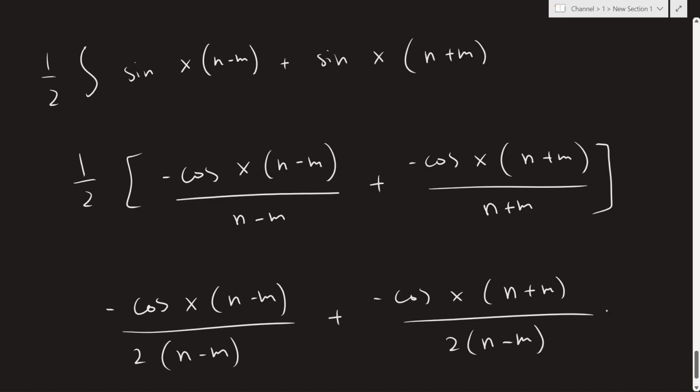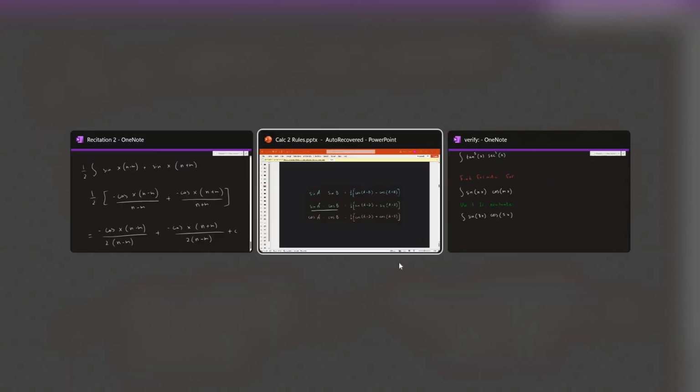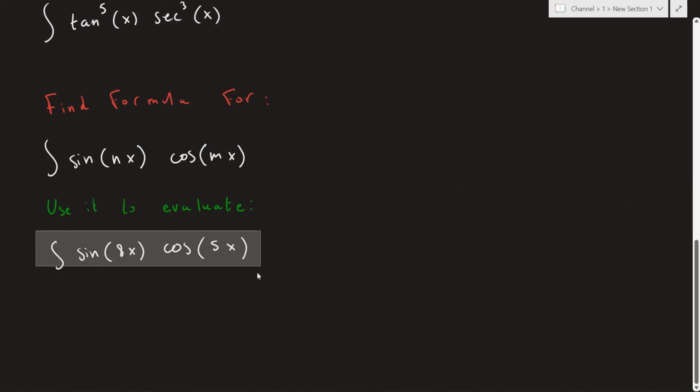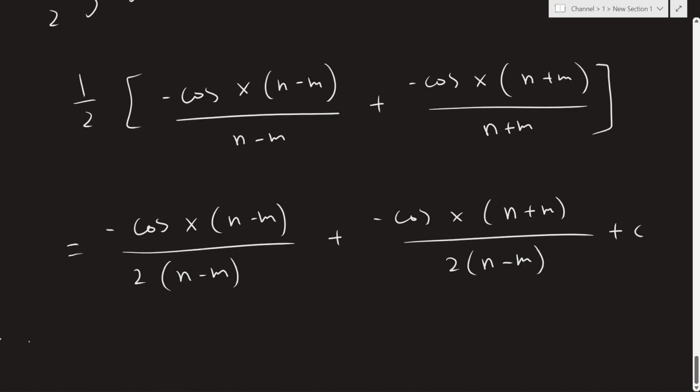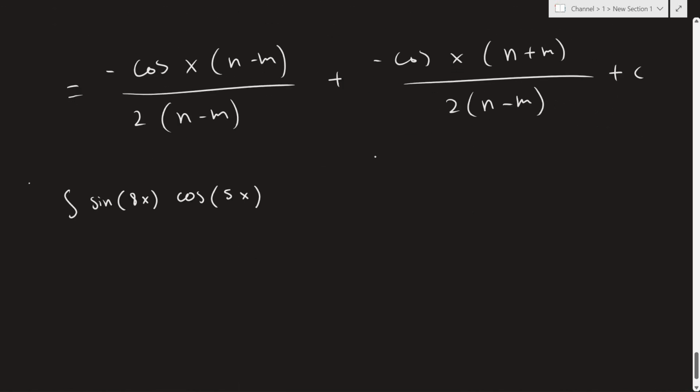Okay, and now we use it to evaluate. What do we use it to evaluate? We use it to evaluate sine 8x cosine 5x. Okay, so let's use this formula here to solve this. Okay, so n is equal to 8 while m is equal to 5, right?